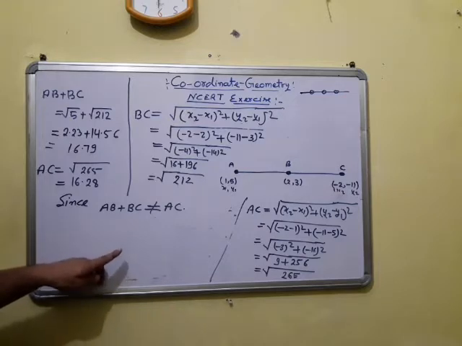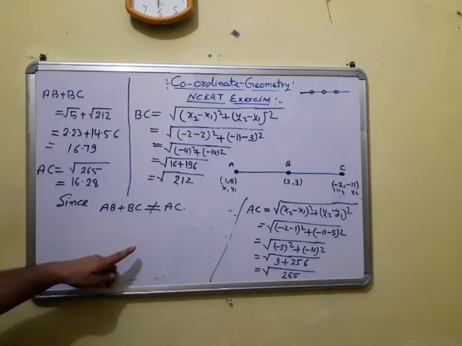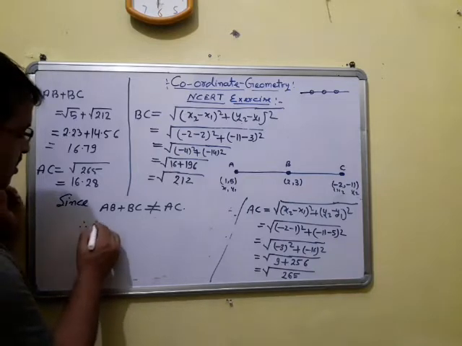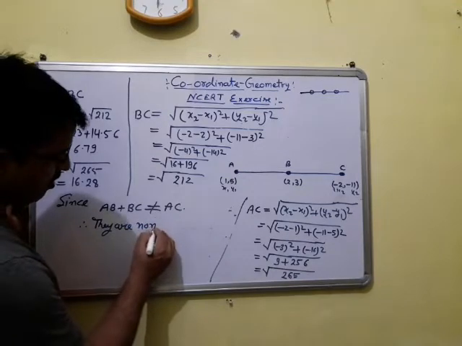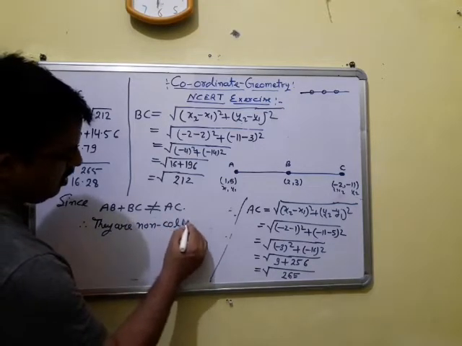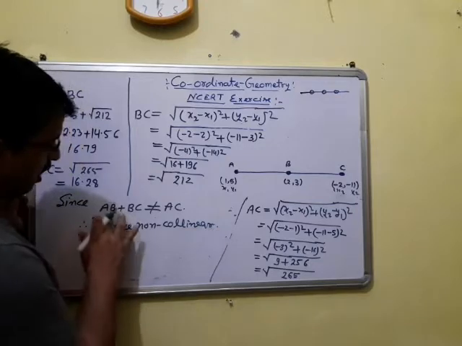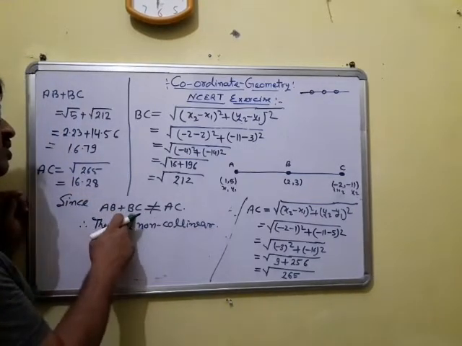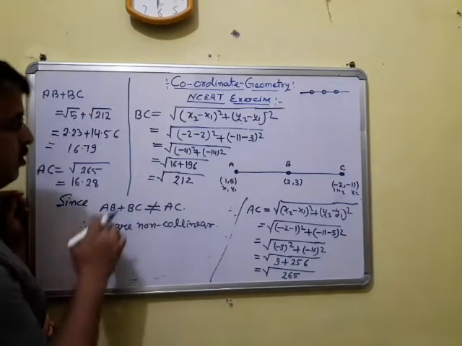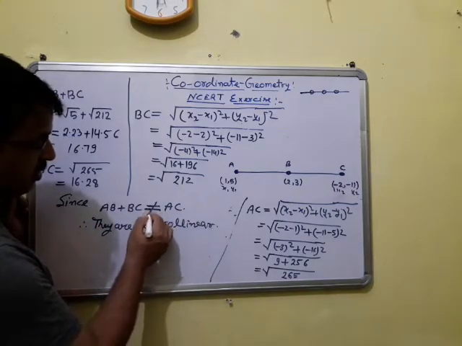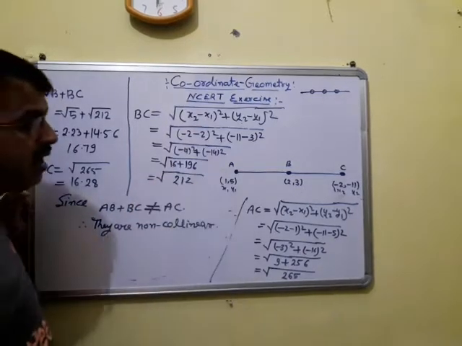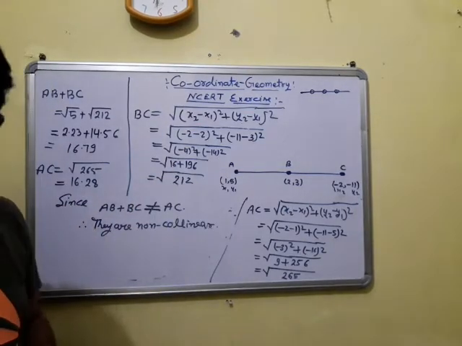Since AB plus BC does not equal AC, they are non-collinear. If we find AB plus BC is equal to AC, then we say it is collinear, and if it does not equal AC, then it is non-collinear. Clear?